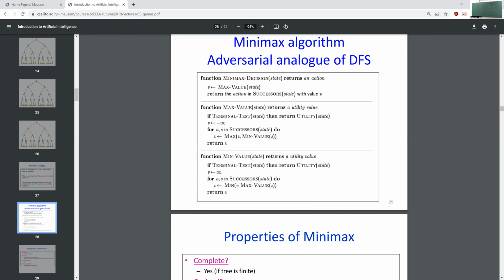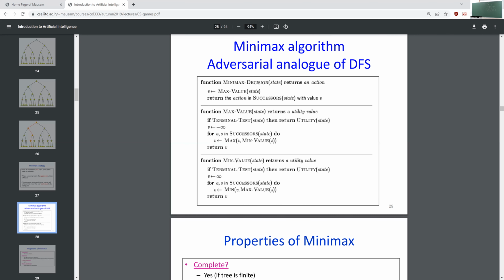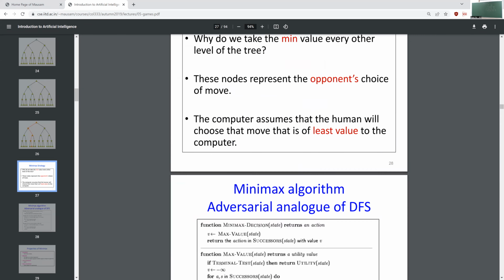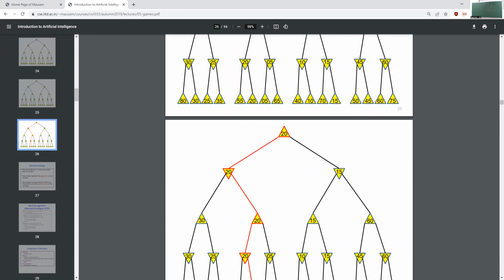The way it does this is by recursion. If you're trying to get the max value of a state which is terminal, then you return the utility of that node. If it is not the case, if you're trying to get the max value of a state which is not terminal, let's say we are here.